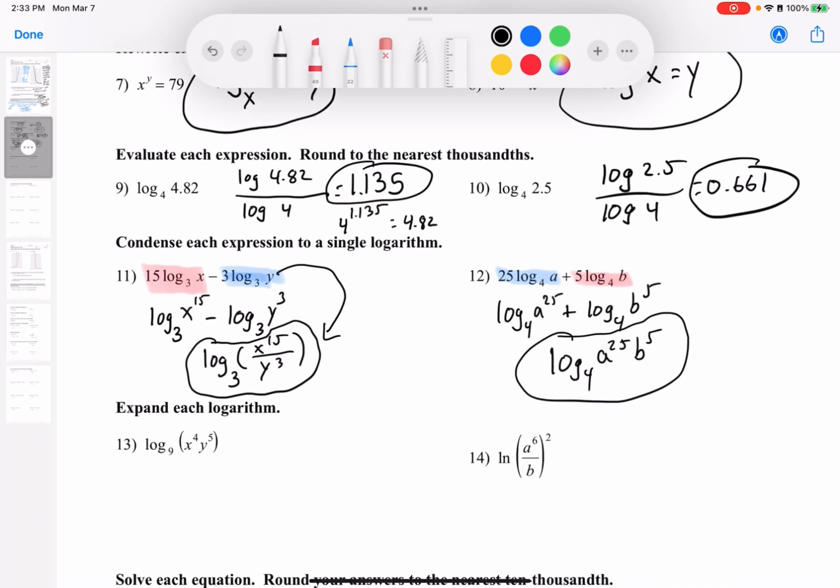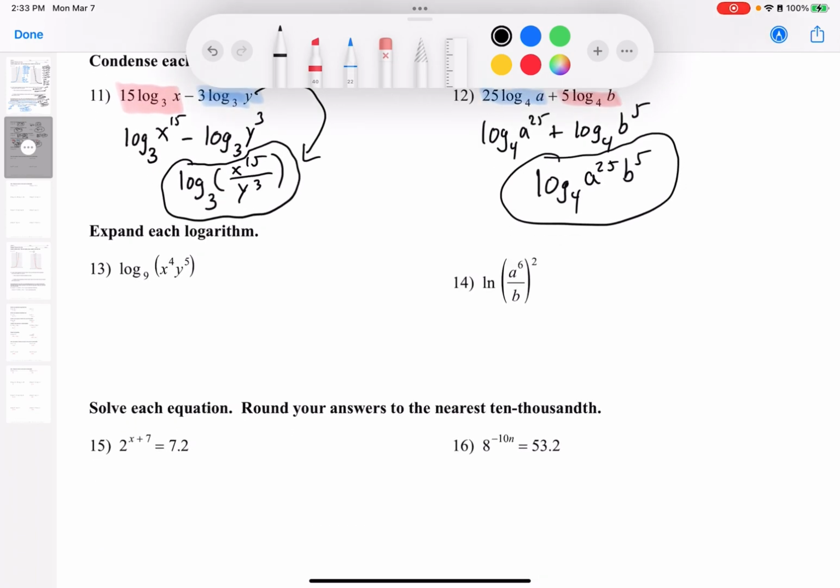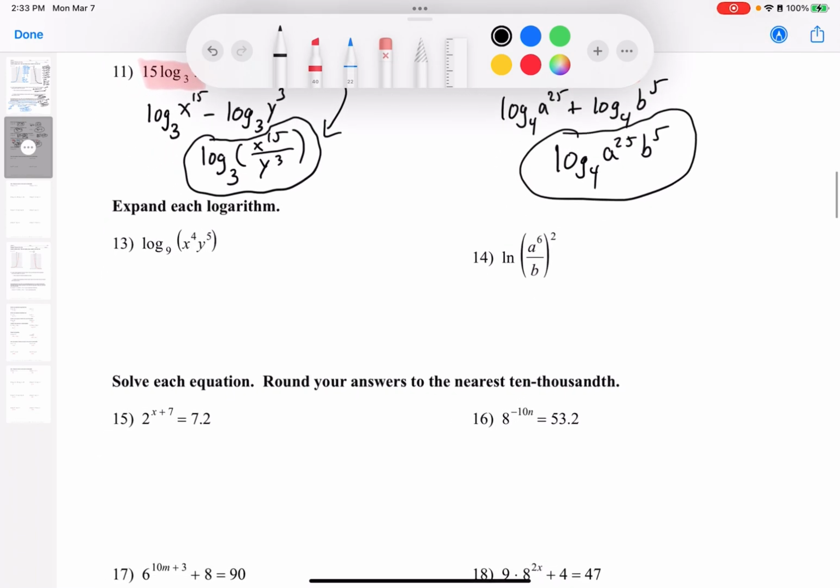Now we're going to go the other direction with it, with questions 13 and 14. We're going to go ahead and expand it. So if I peek in here, I notice that I'm multiplying. So when you multiply, that means you add. So I would have log base 9 of x to the 4th, plus log base 9 of y to the 5th.